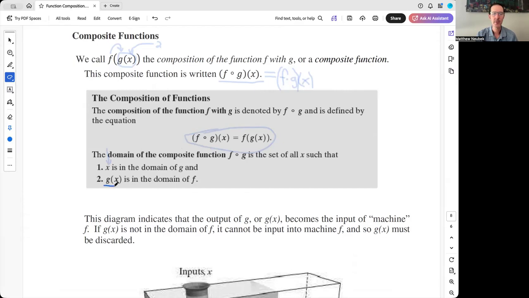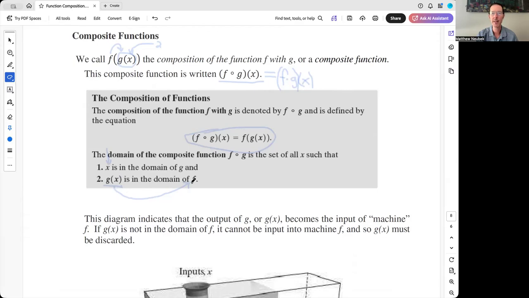G of x is the result, or an output. G of x is the output. And then we're going to take g of x as an input also and plug it into the function f. So x is the initial input, g of x is the output, which then becomes the input going into f.